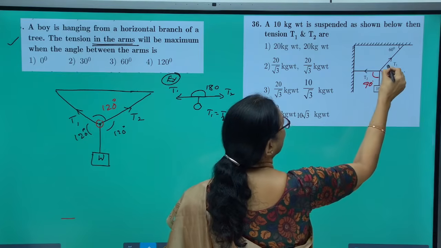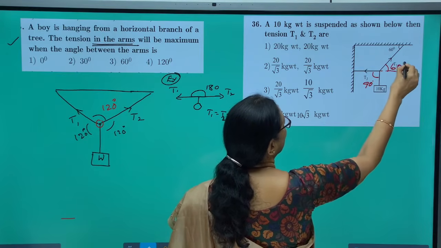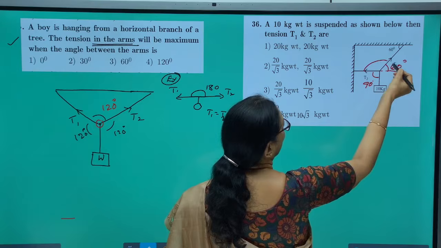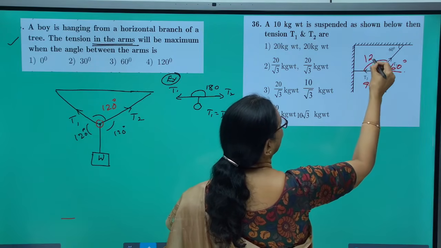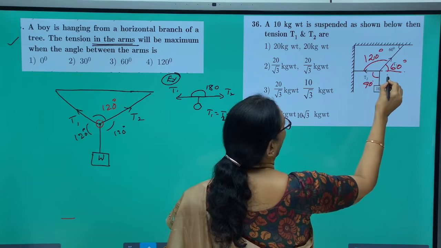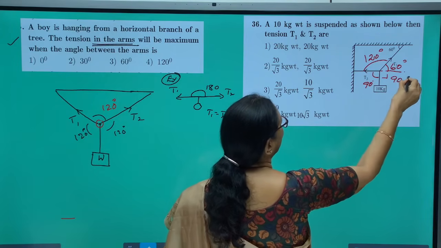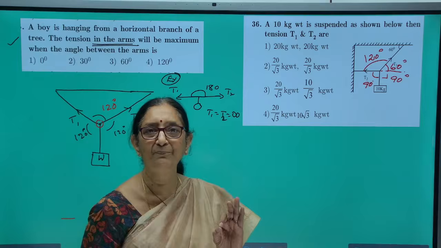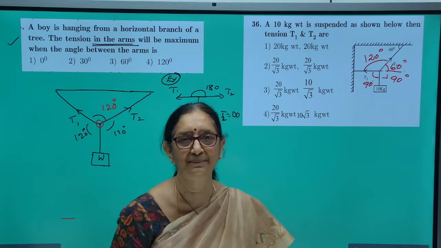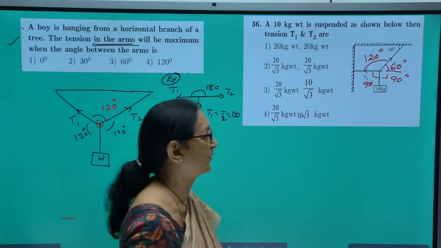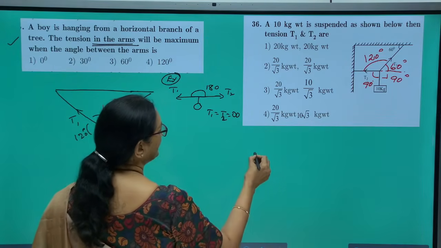And this angle is an alternate angle, this is 60 degrees. And this total angle is 180, 180 minus 60, this angle is 120. And this angle is 90 degrees. So, the most important part of the problem for applying Lami's theorem is you have to find out the angles properly. Now, the problem is simple.